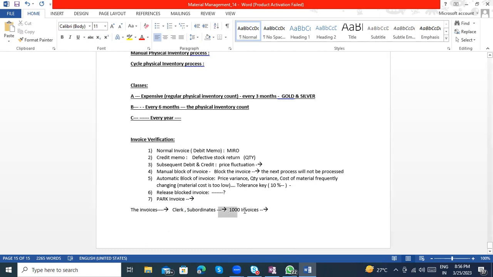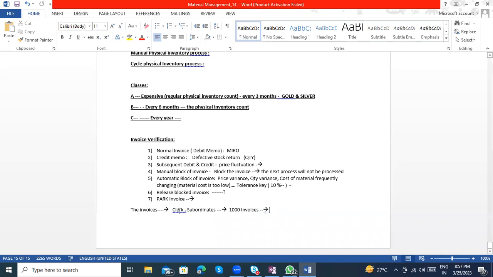So the initial step is to ask the clerk to enter all the information into the system, create the invoice and post it into Park. That means it has no impact on accounting. Once the superior or manager has validated and accepted the invoice, then the accounting will be impacted. Clear?